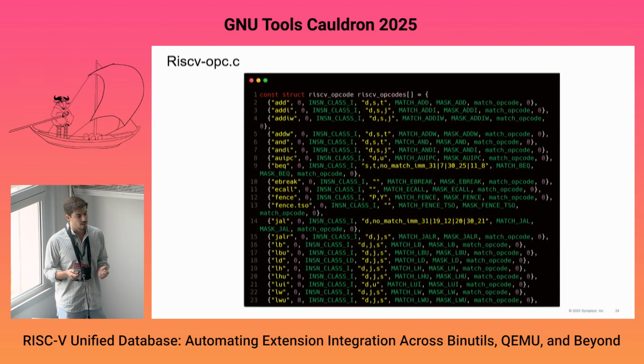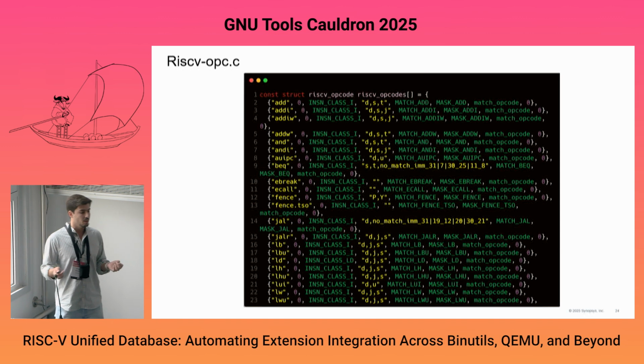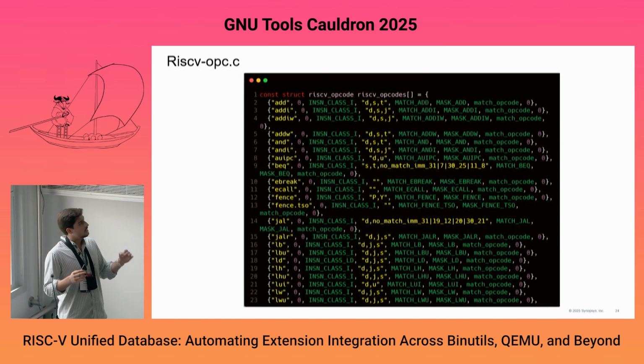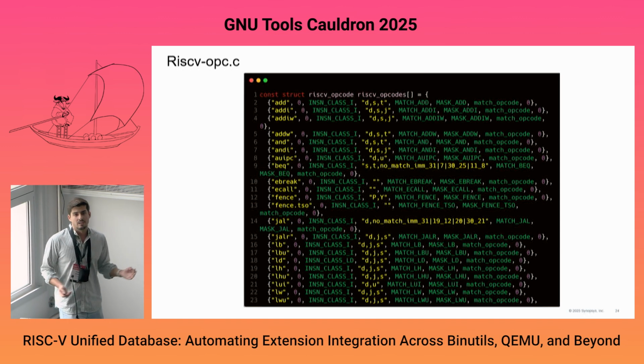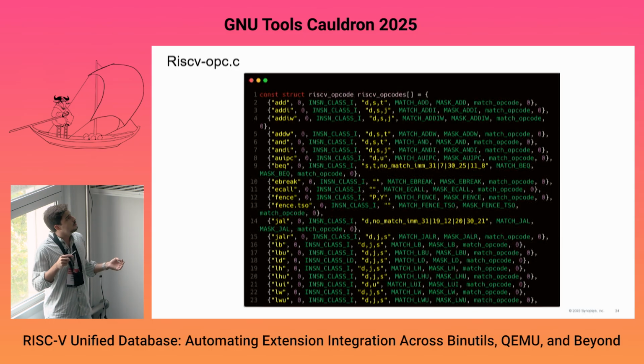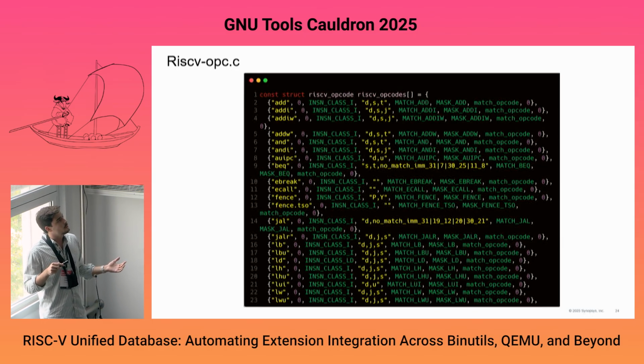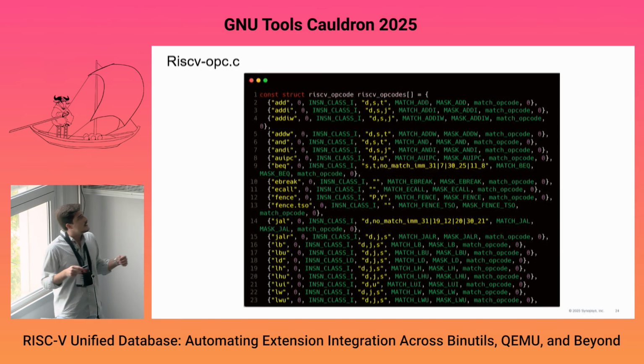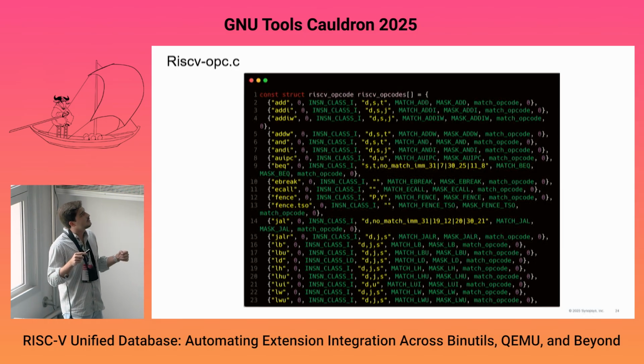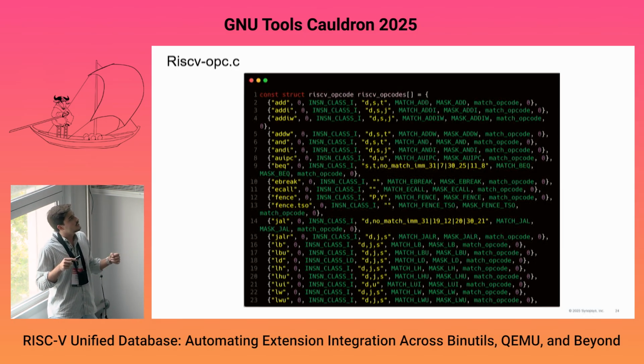But I'll show you how I achieved these tests. So in the RISC-V opcodes.c, this is an example for the I extension, the base ISA. As you may see, we successfully converted all the data in UDB into the Binutils format I showed you before. And if you check the branch equal here, there is a warning that, to find operands, I'm basing myself on the operands that already exist.